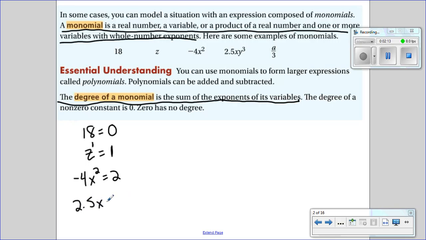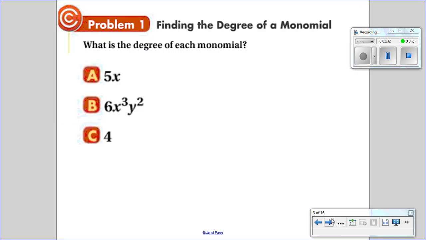2.5x y to the third is 4. There's 3 here plus a 1. Remember, it says the sum of. And then lastly, a divided by 3, the degree is 1, because this a has a 1 right there. So, pause the video, take a minute, and find out the degree of each one of these.